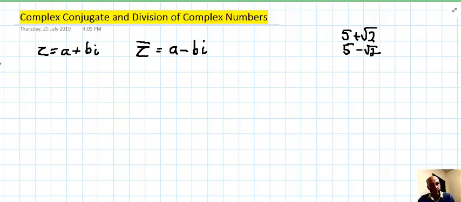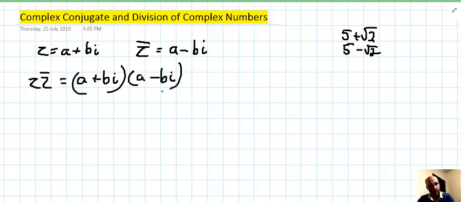We can show, if we multiply z and the conjugate together, something happens. So z times the conjugate of z is two complex numbers multiplied together, which we've recently learnt about, and we have a squared minus abi plus abi minus bi all squared.